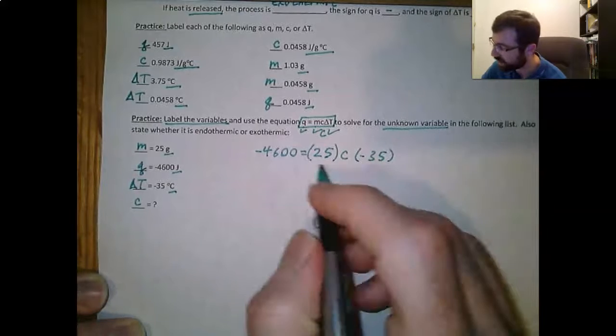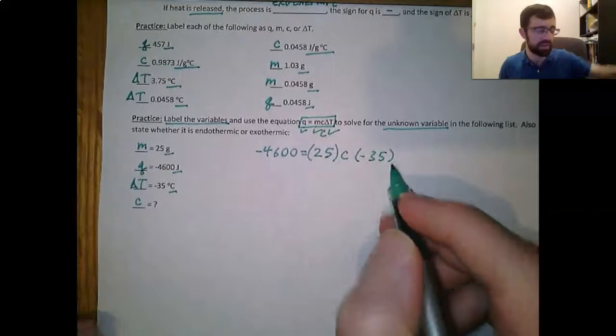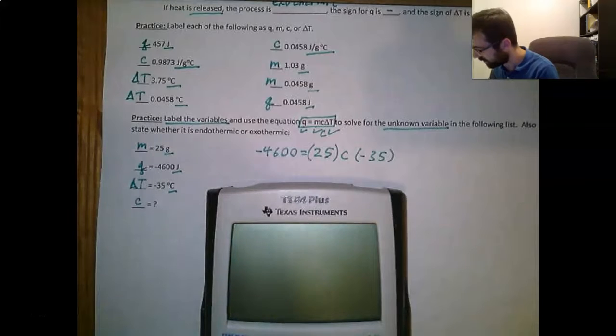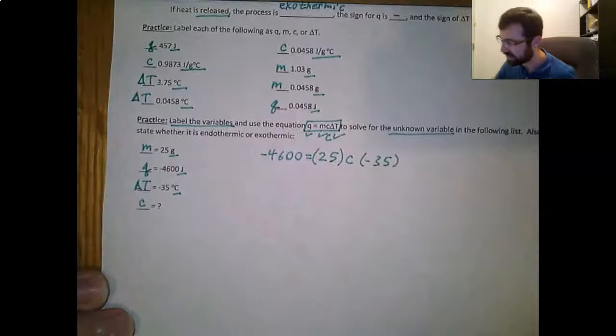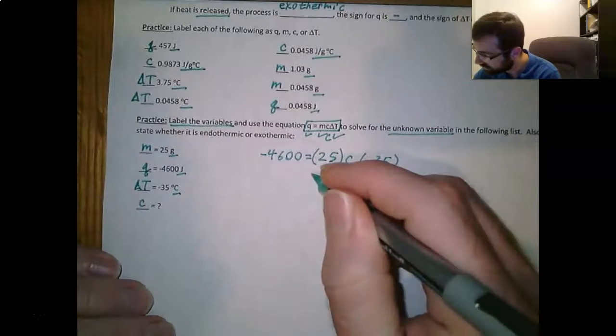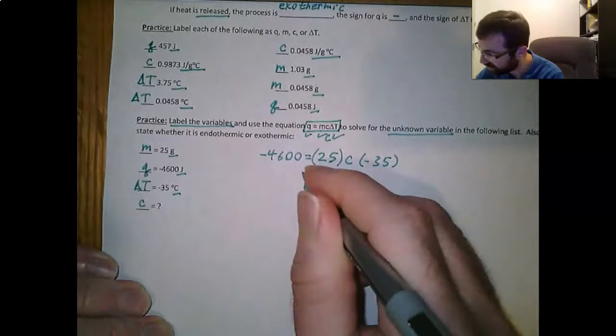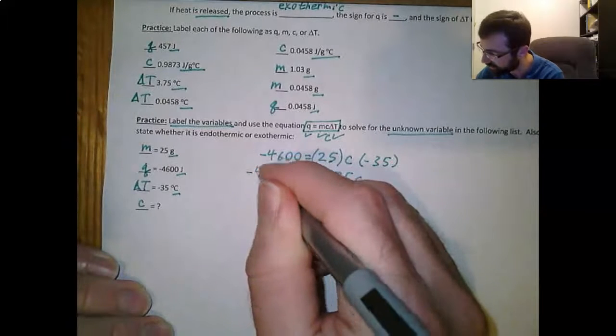Okay, these are all being multiplied, so I need to simplify this by doing 25 times negative 35. I get negative 875 C on the right side. And then over here, I still have negative 4,600.